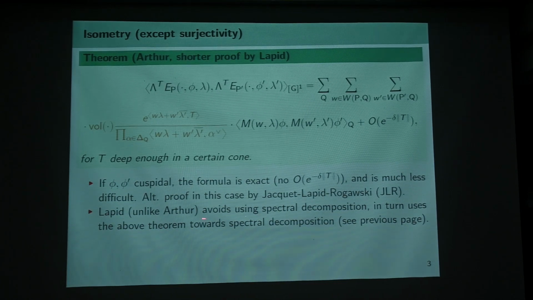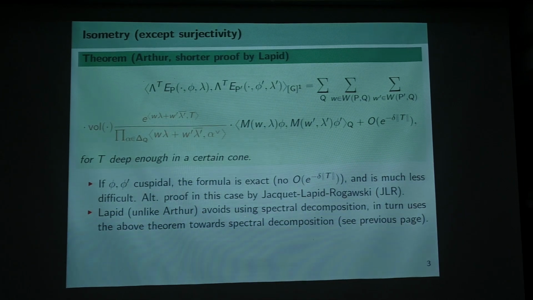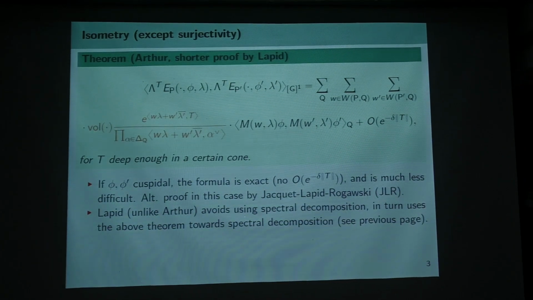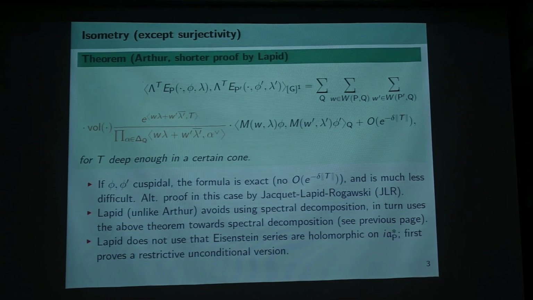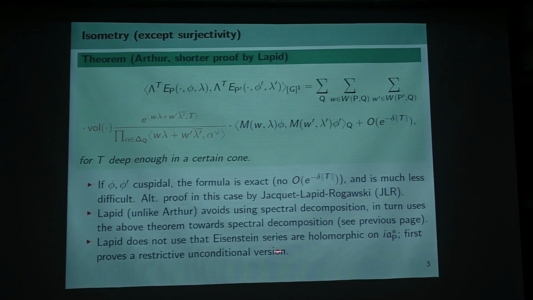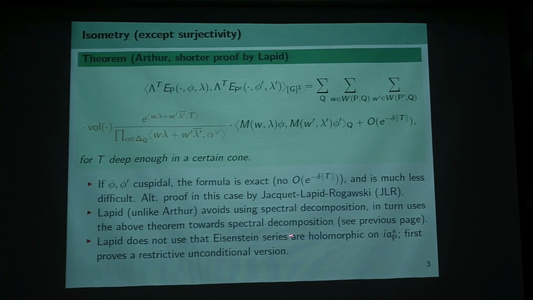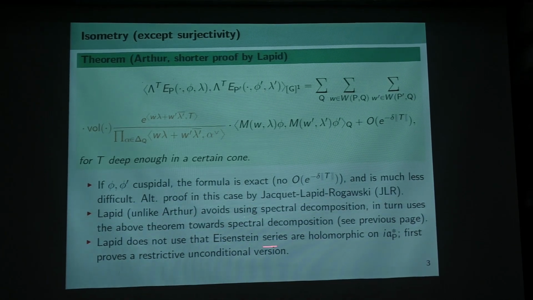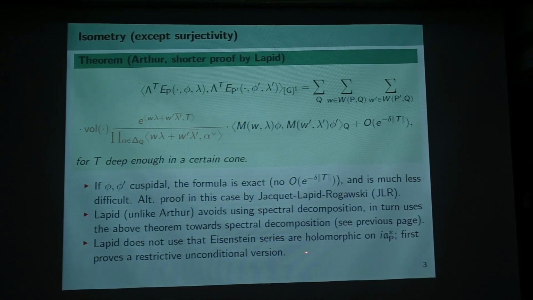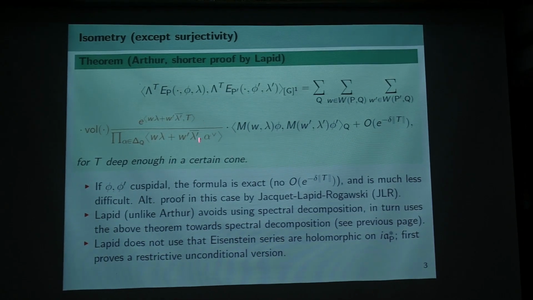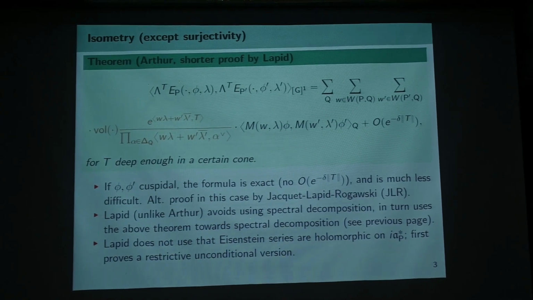However, Lapid, unlike Arthur, avoids spectral decomposition, and instead he is using this towards proving the spectral decomposition. In fact, the previous slide was written assuming that Eisenstein series are holomorphic on the relevant imaginary axis. That was an important point. But Lapid actually does not assume it. So what he does is he replaces this theorem with a weaker but unconditional version.